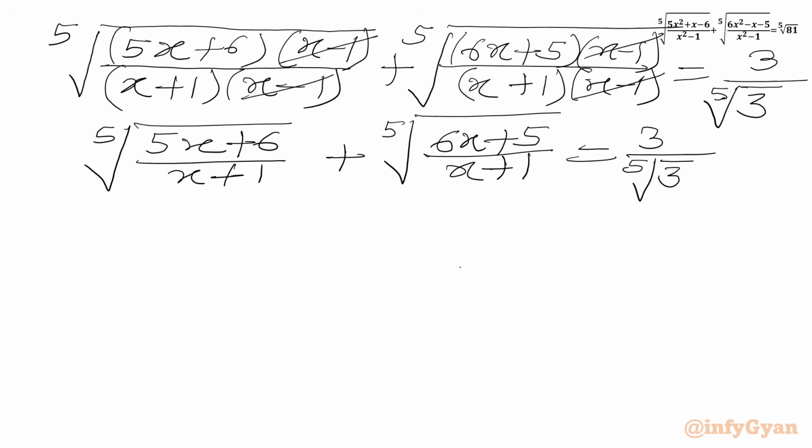Now we have fifth root of 3 in the denominator of our right hand side, so I want to eliminate it. I will multiply both sides by fifth root of 3. Now we can cancel the denominator on the right hand side. So we will multiply fifth root of 3 in the LHS also.